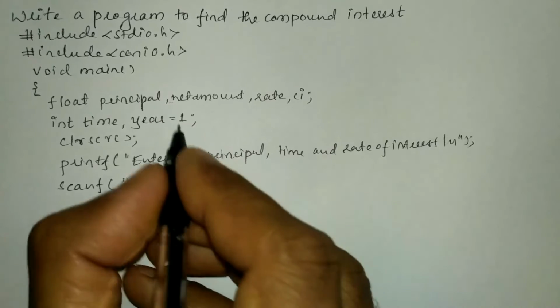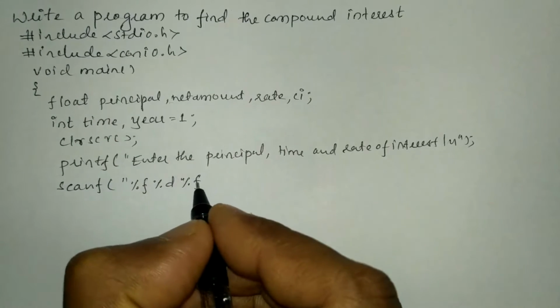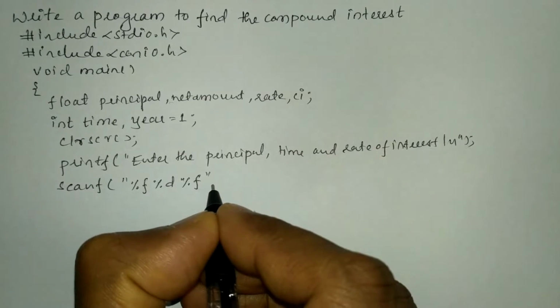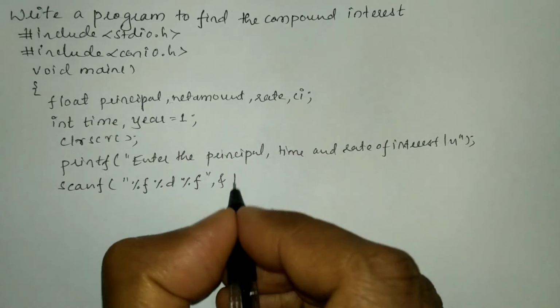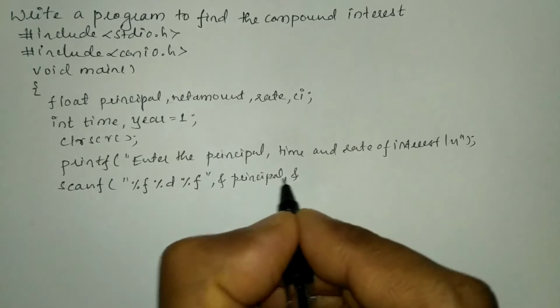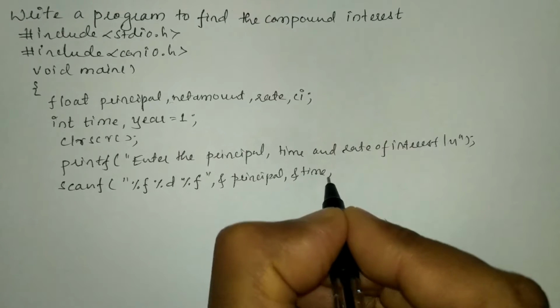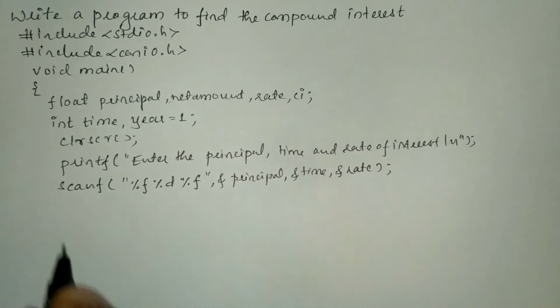Next, rate of interest, rate is of type float. Again I'm going to write here format specifier %f. End the double quotation mark, put comma, and here I'm going to use ampersand principal variable, then comma ampersand time, comma ampersand of rate, and then put semicolon.